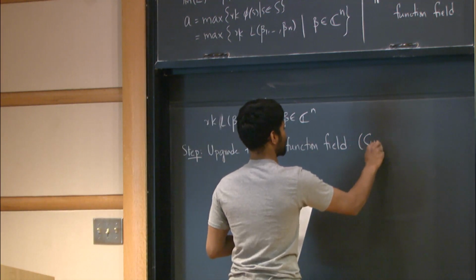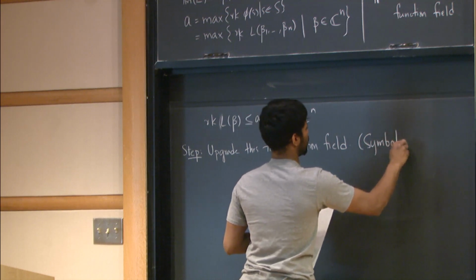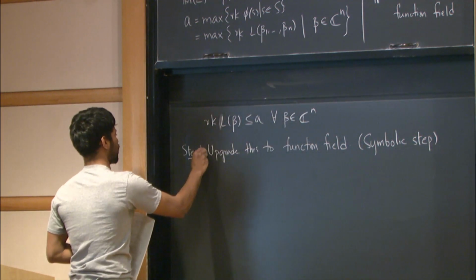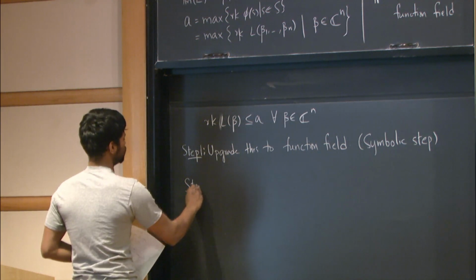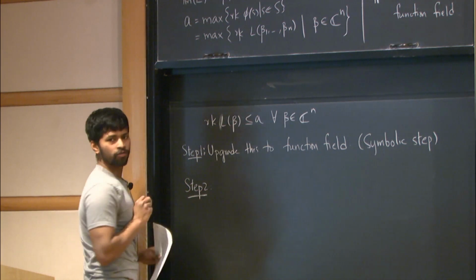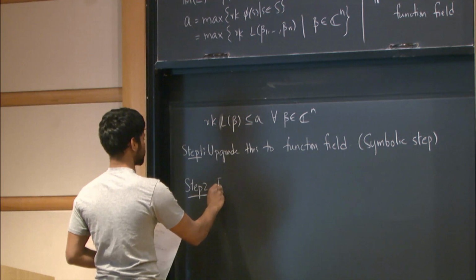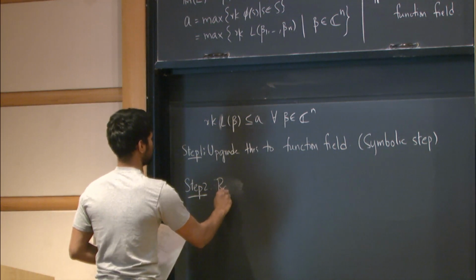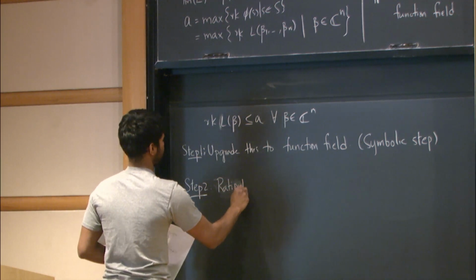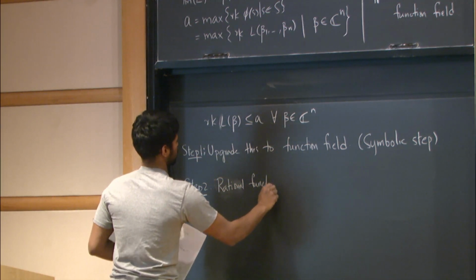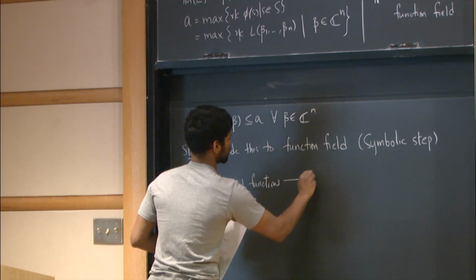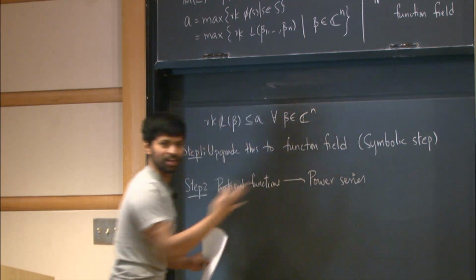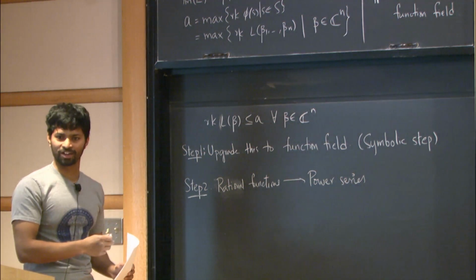So this is step 1, and step 2 would be to go from the function field, the rational functions, to power series. We've sort of hinted at how to do this when I gave you that little spiel on vectors of rational functions.